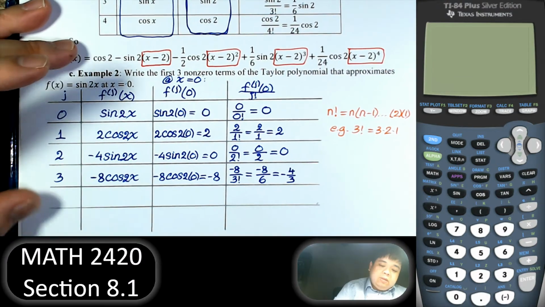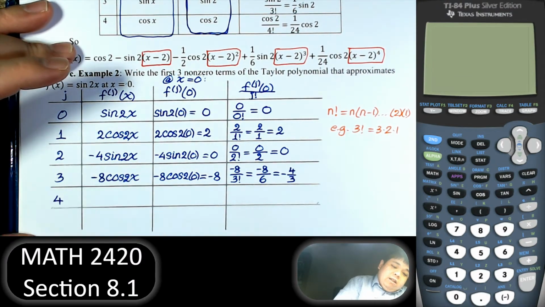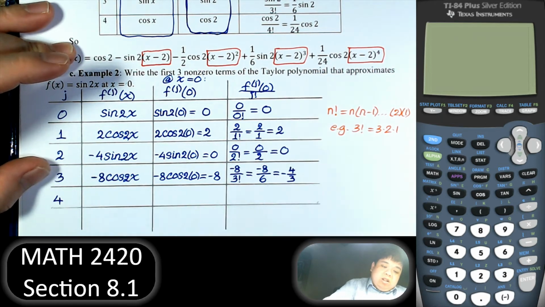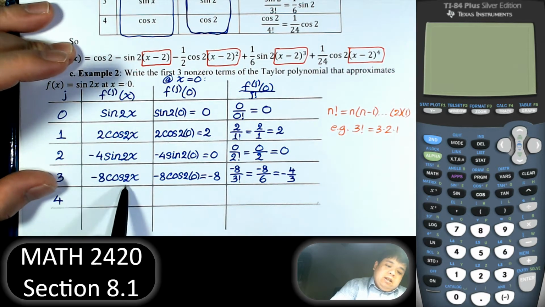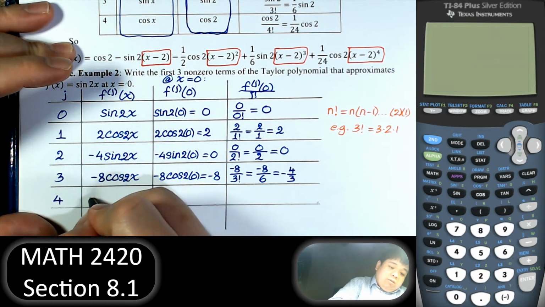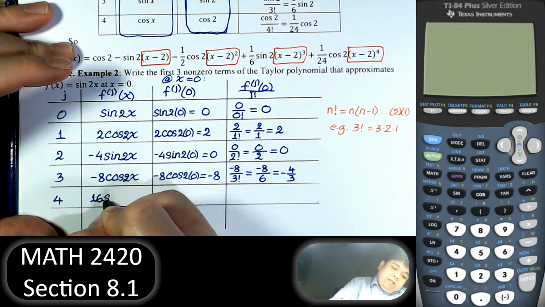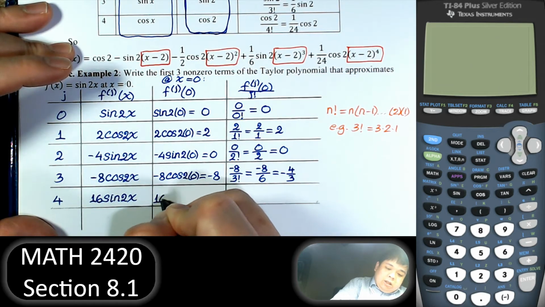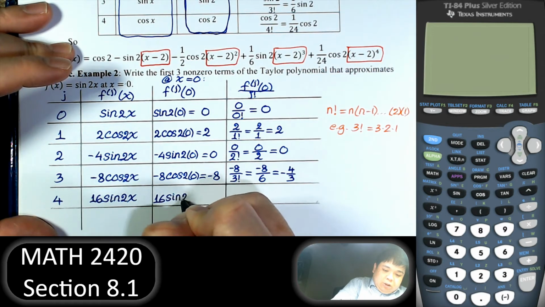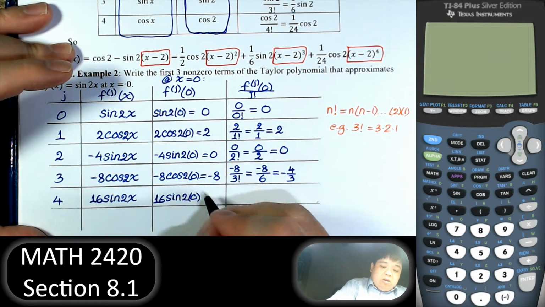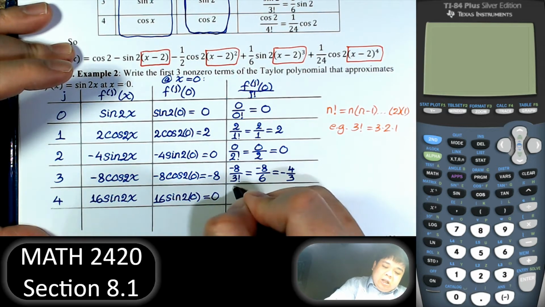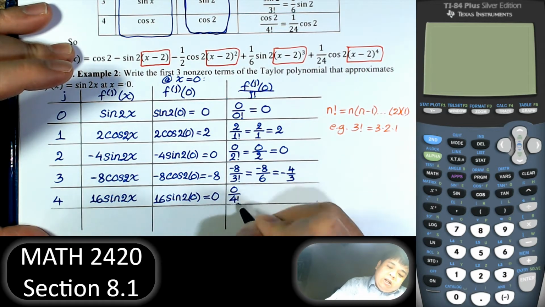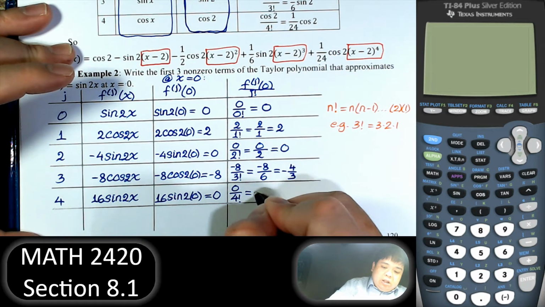Right. Next, so far we have 2 non-zero terms. Next, the derivative of this. The derivative of cosine is negative sine, so that turns to positive: 16 sine of 2x. 16 sine of 2 times 0. Sine of 0 is 0, so this one is 0. 0 divided by 4 factorial doesn't matter what 4 factorial is, it's still 0.